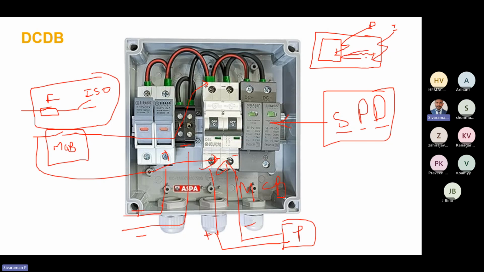This is the induction, which will induce over voltage in these electrical cables. To prevent both, we are using this device called SPD. There are also three types of SPD: type 1, type 2, type 3. Generally I simply write T1, T2, T3.